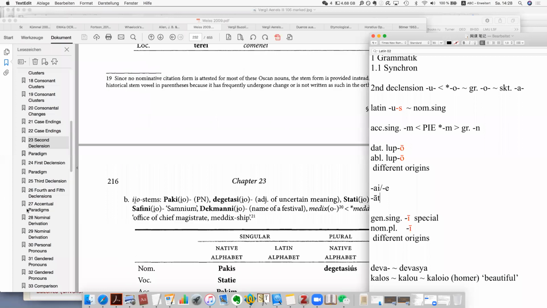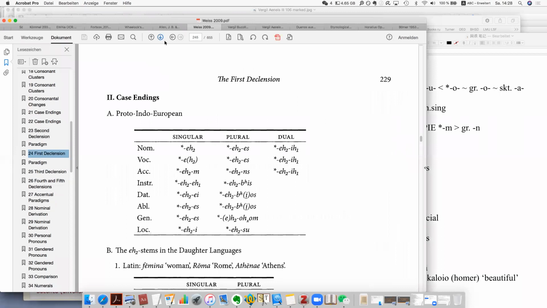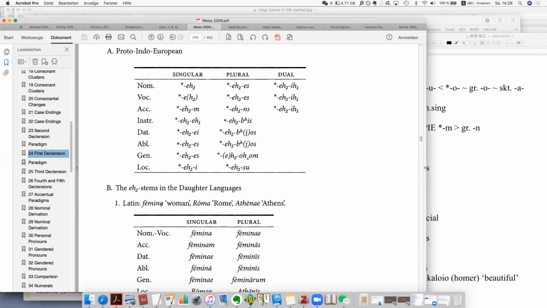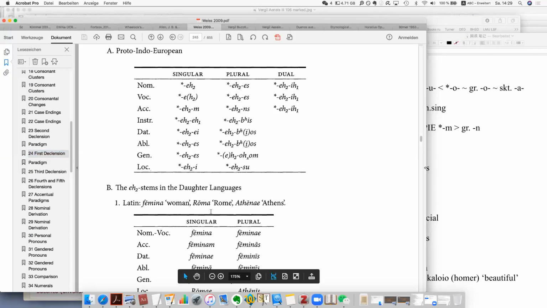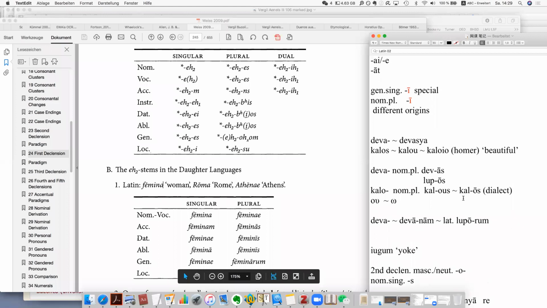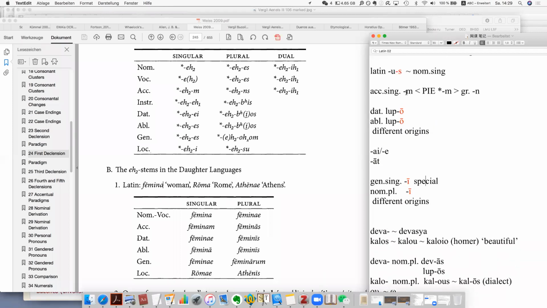Okay, and then the first declension. The first declension is actually the feminine in A, and actually I highlighted. Okay, and the genitive singular for this declension is really special.